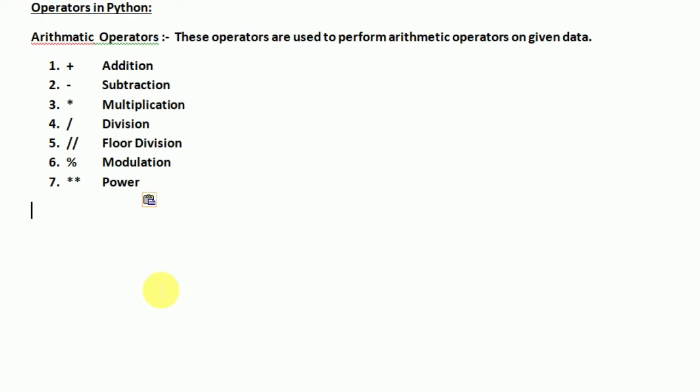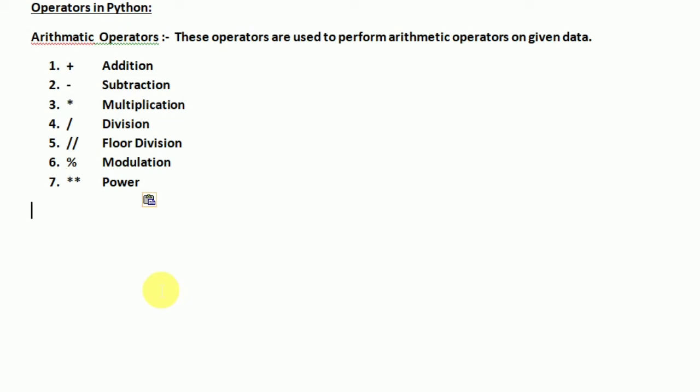These are some arithmetic operators: addition, which is represented with the plus sign; subtraction, which is represented with the minus sign; multiplication with the asterisk sign; division is slash; floor division is double slash; modulus is percent; and power is double star.